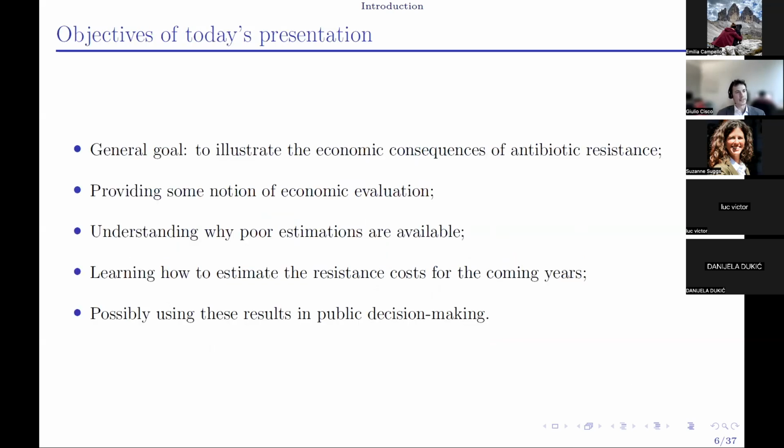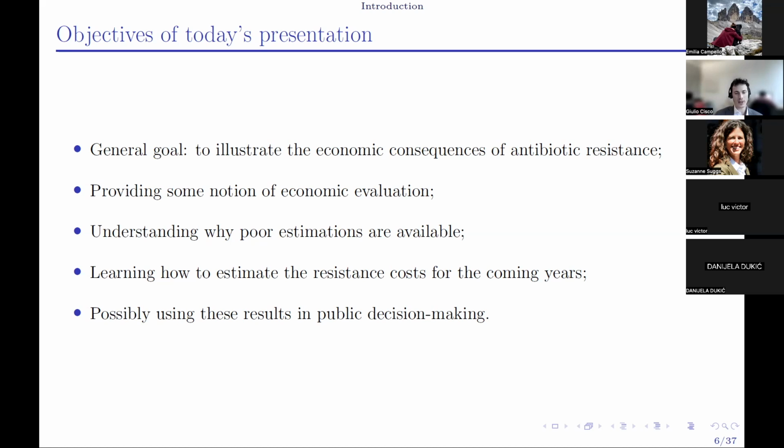So the objective of today, in general, is to show you the economic consequences of antibiotic resistance, and I will do that in different steps. I will start by providing some very simple and generic notions of economic valuation.